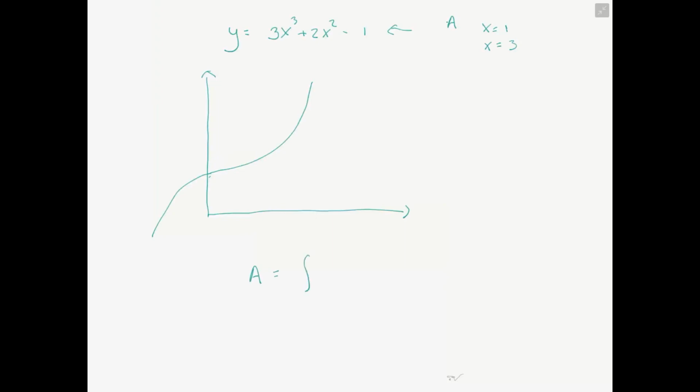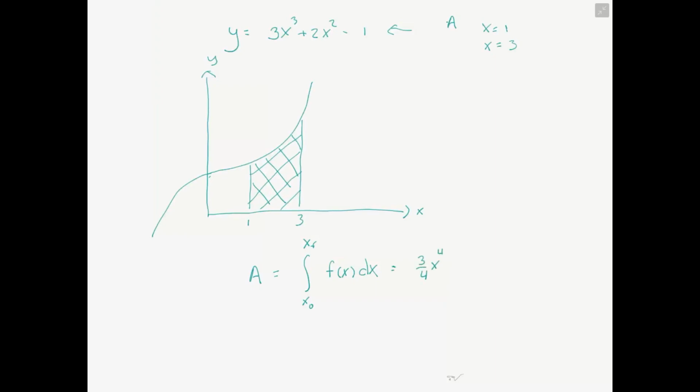So basically our area then becomes the integral from x naught to x f of f of x dx. And we can say this is 1, and we can say this is 3. So we want to find the area under this curve between those two limits on the x-axis.